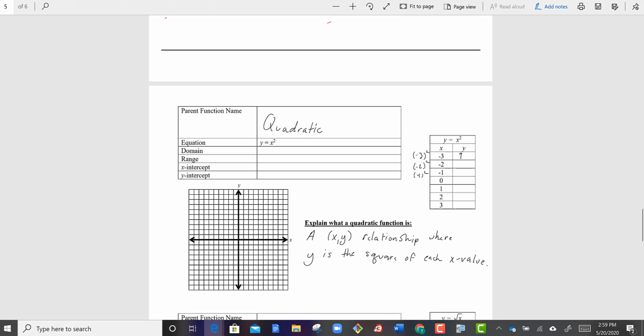Of course, when we square a negative, we always get a positive. When we square a positive, we will always get a positive. So that's why this graph is really similar, but not exactly the same as an absolute value graph. Essentially, it just increases or decreases at a quicker rate.